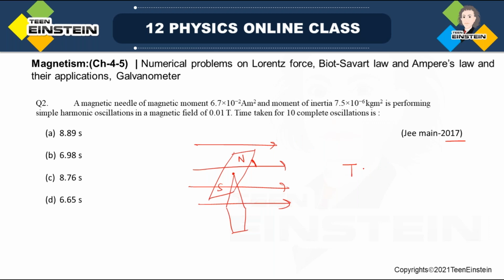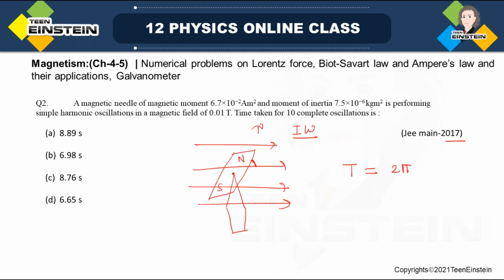The time period of oscillation will be written as 2 pi, and obviously there will be a moment of inertia. The torque will be given by I alpha, so these two will be equal, and from there you'll be able to find the formula.